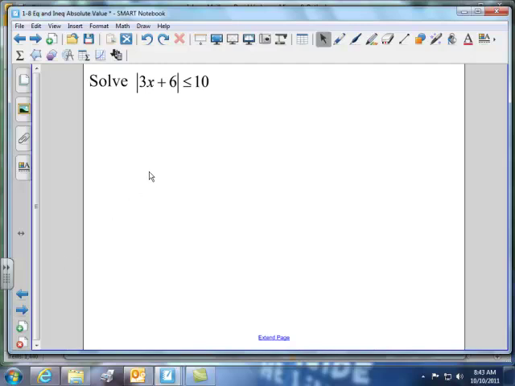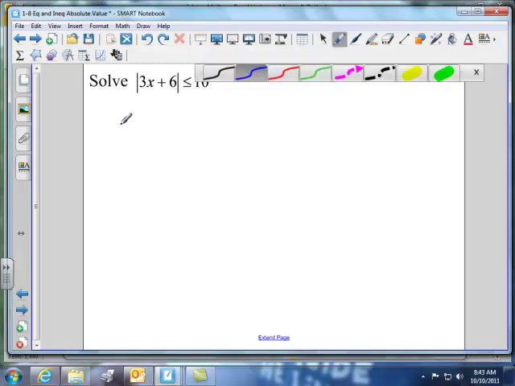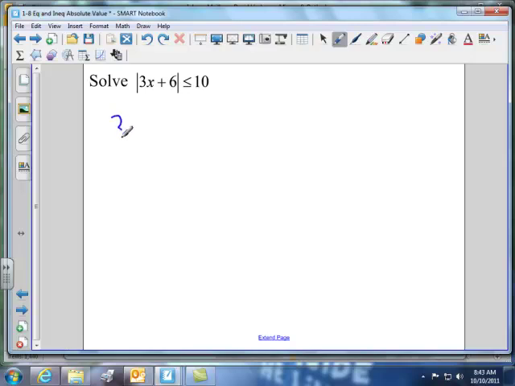So applying that information, as you look here, we have the absolute value of 3x plus 6 is less than or equal to 10.